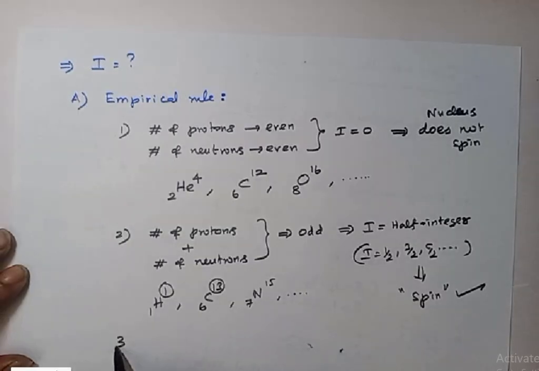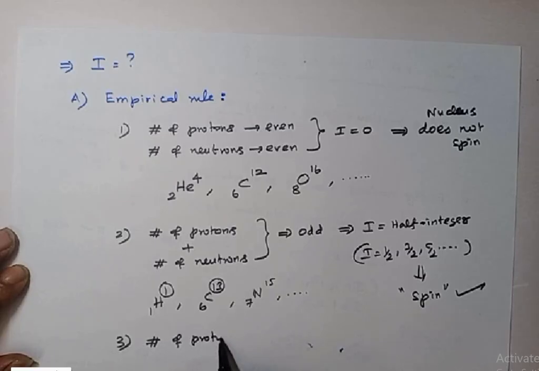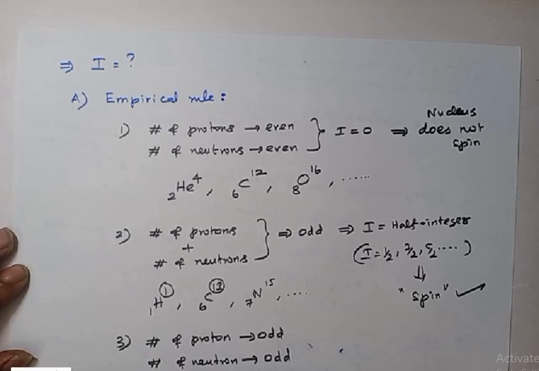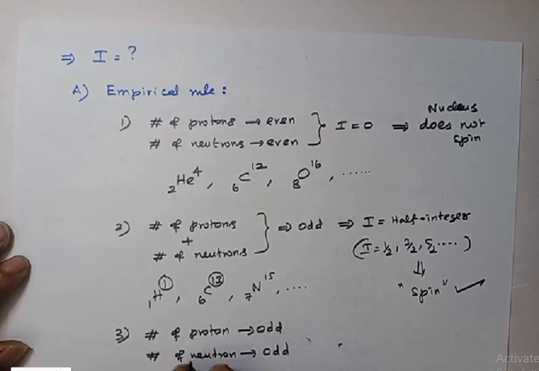Rule number 3 here. If the number of protons is an odd number, and similarly the number of neutrons is also an odd number, if both are odd for a given nucleus, in this case we get an I value that is an integer.